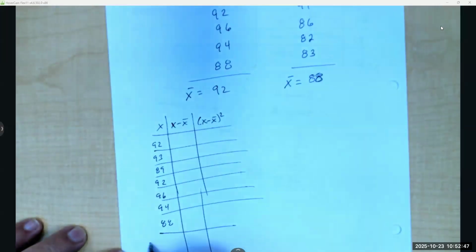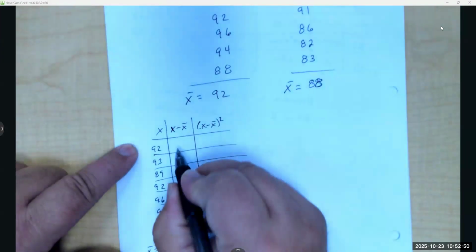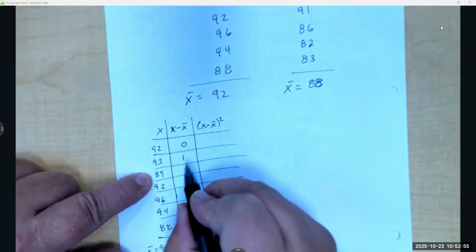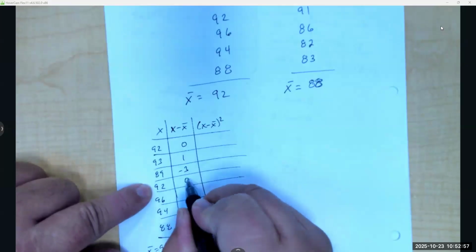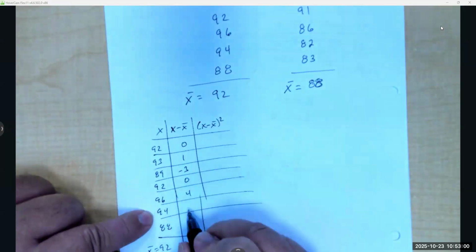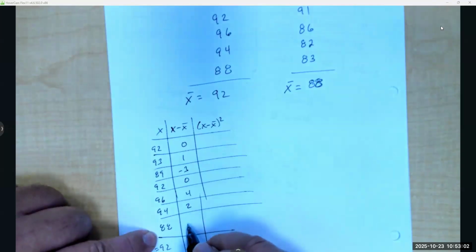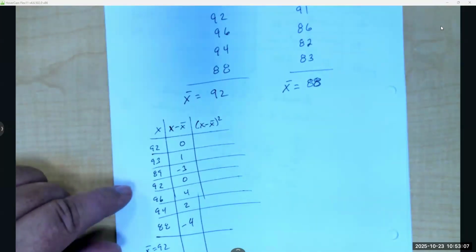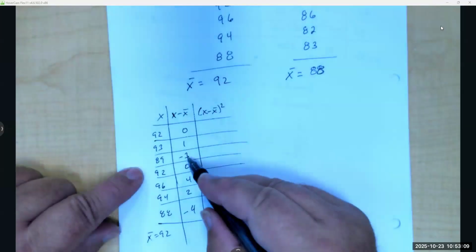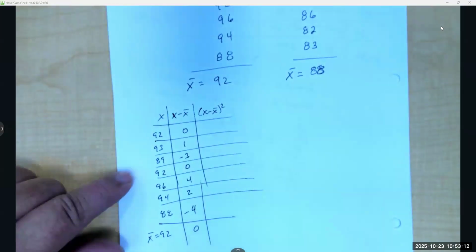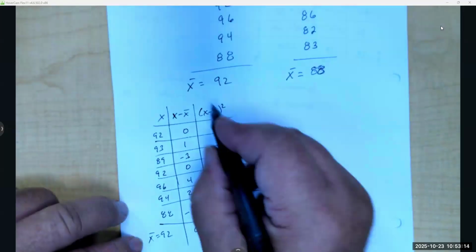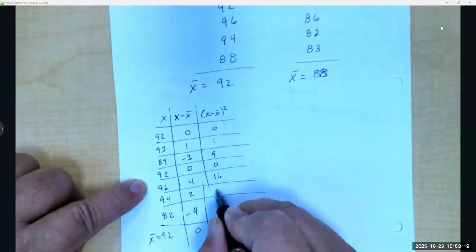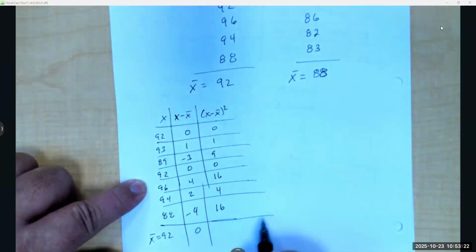So this X bar is 92. 92 minus 92 is 0, 93 minus 92 is 1, 89 minus 92 is negative 3, 0, 96 is 4, negative 4, negative 7, positive 7 equals 0. So that's good. Now we square them: 0, 1, 9, 0, 16, 4, 16.